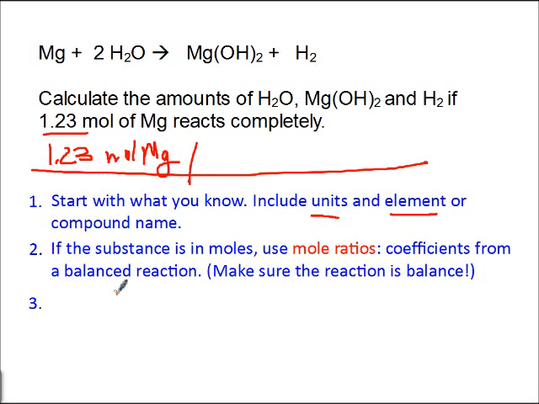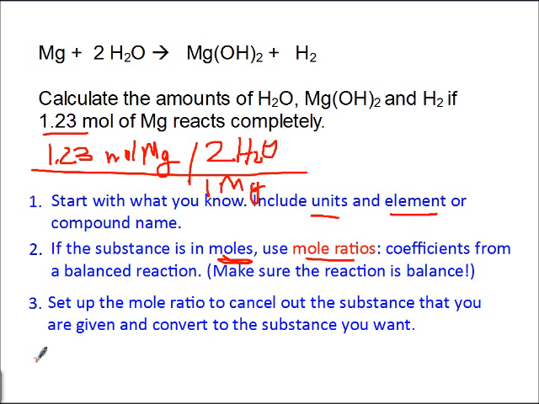Second thing I'm going to do, I'm going to look and say, are my units in moles already? If they're in moles already, I go straight to the mole ratios. So for every 1 Mg, I need 2 H2O. Third thing I'm going to do is set up my mole ratio to cancel out the substance I want.